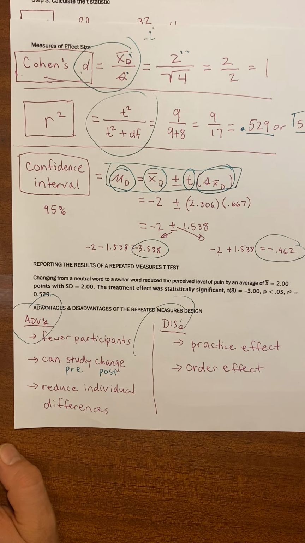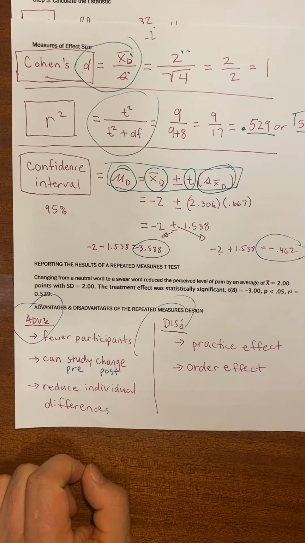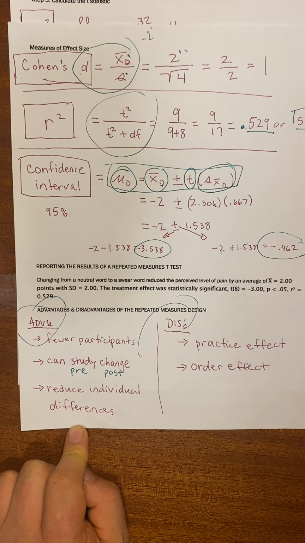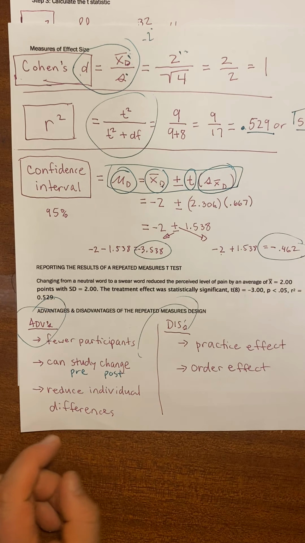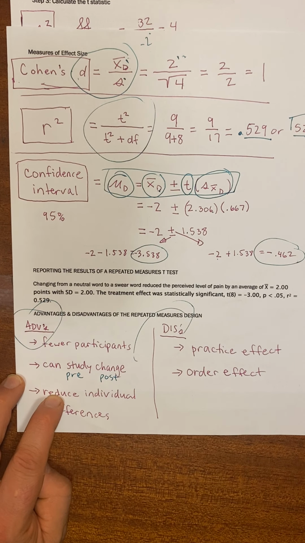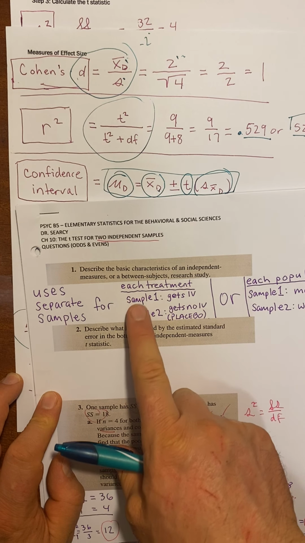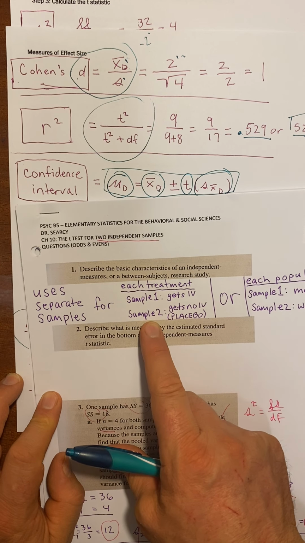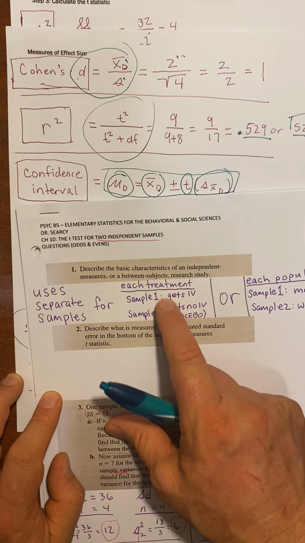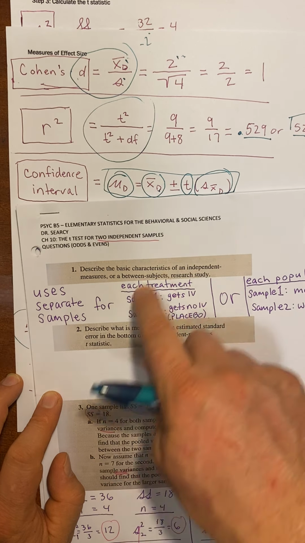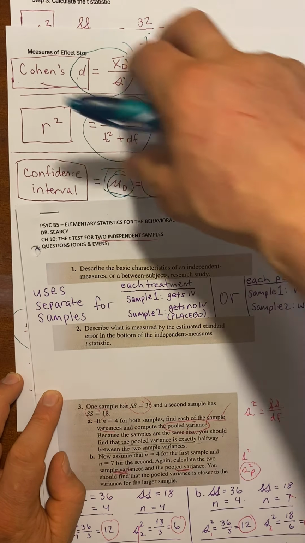The third advantage is that when you use these kinds of designs, you can reduce the individual differences. What do I mean by this? Think back to that independent samples design. You had a sample of participants here and a sample of participants here. 30 people in this group, 30 people in that group. A lot of variability in there, a lot of people who are different from each other.